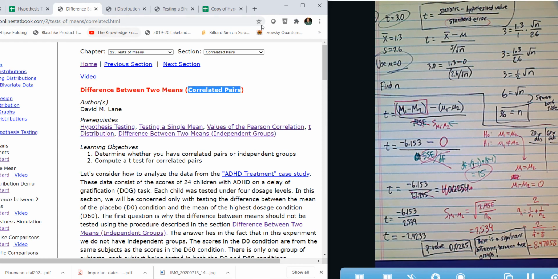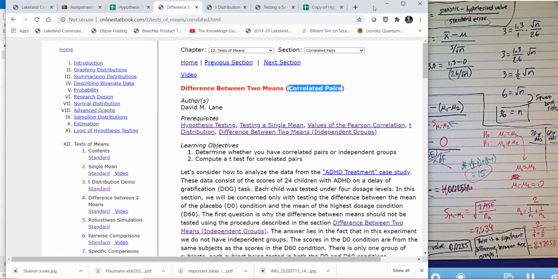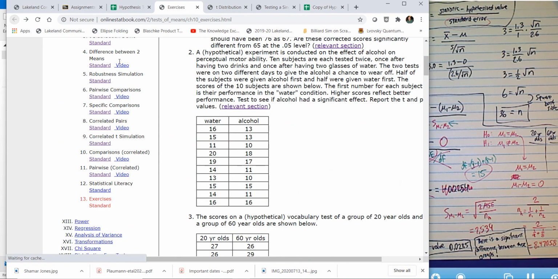Why? Well, because if you go back to the problem 2, and we skip this one, that's for Friday, everybody here is having 2 glasses of water or 2 glasses of alcohol, right? Are you given the alcohol first or the water first? And then how do you perform on the motor test?